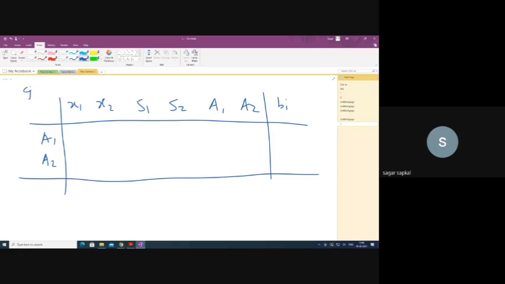The Cj values will be those of the converted problem. Here it is 0, 0, 0, 0, 1, 1, 0. And here it is 1 and 1. Now in a similar manner, you can write Zj and Cj minus Zj.